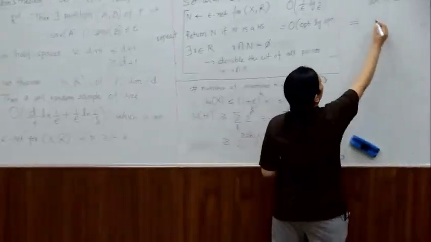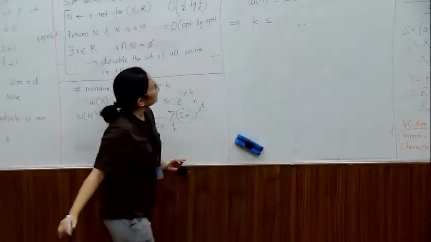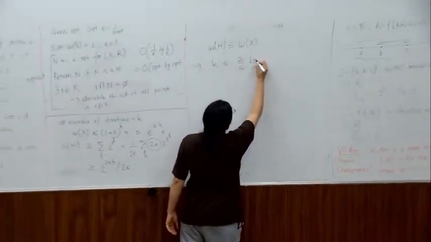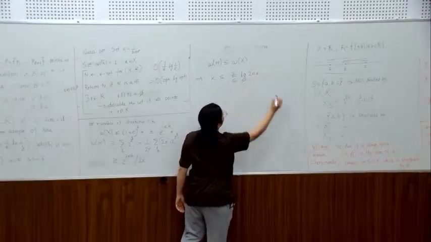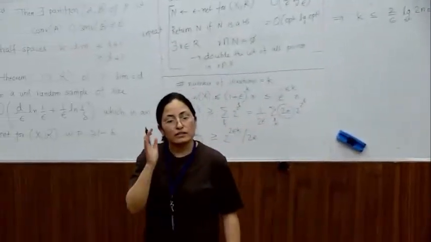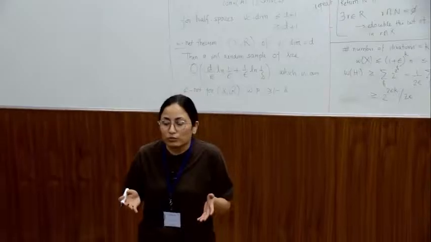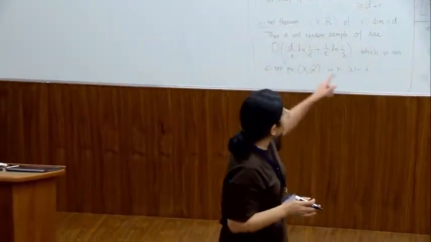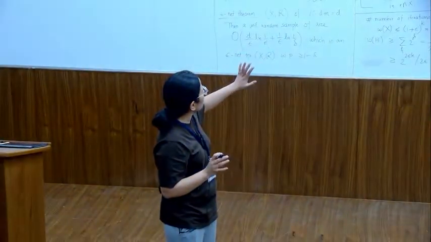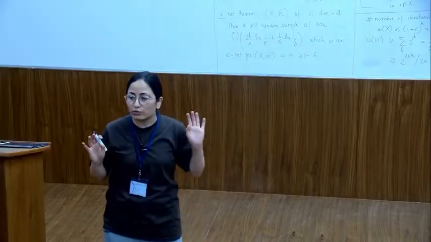You can upper bound k by 3 over epsilon log(2n/epsilon). So indeed this terminates.